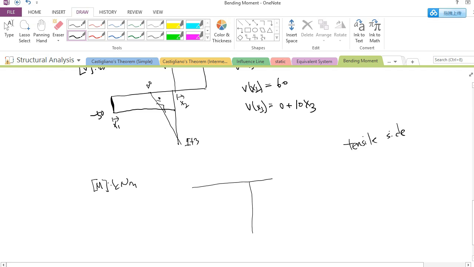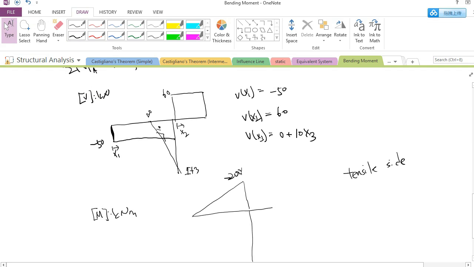So for this bending moment, something like this, it's negative, tensile at the top, negative 50 times 4 is 200, negative 200.